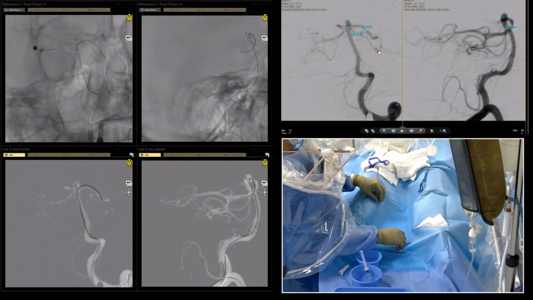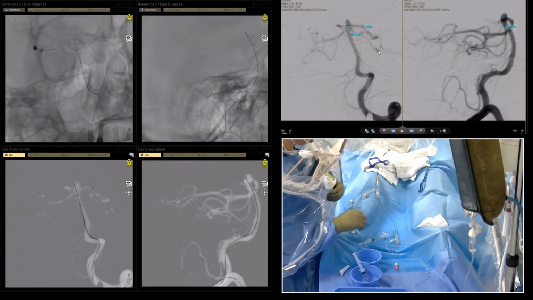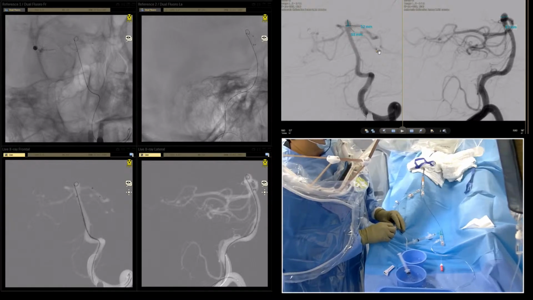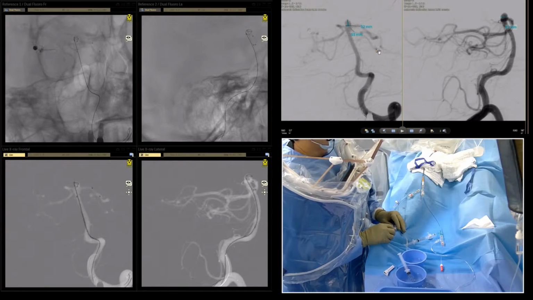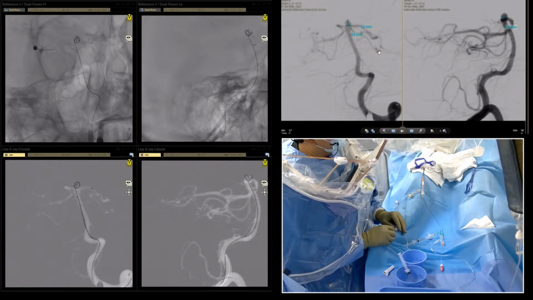Okay, I will take back the Chai black to create more soft environment. Okay, well, let's try to place just simple coiling without balloon inflation. It's a little bit prolapsing. Huh? Yes, okay.